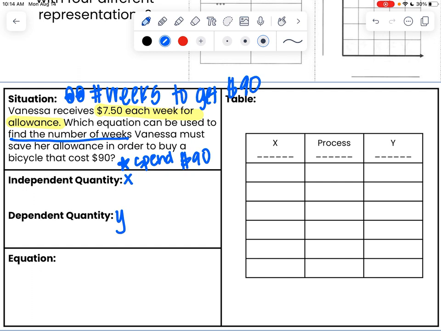We have to determine which one depends on which. I don't think the number of weeks depends on the money, but the amount of money that I make depends on how many weeks I've worked. So weeks is my independent, and the amount of money would be my dependent.